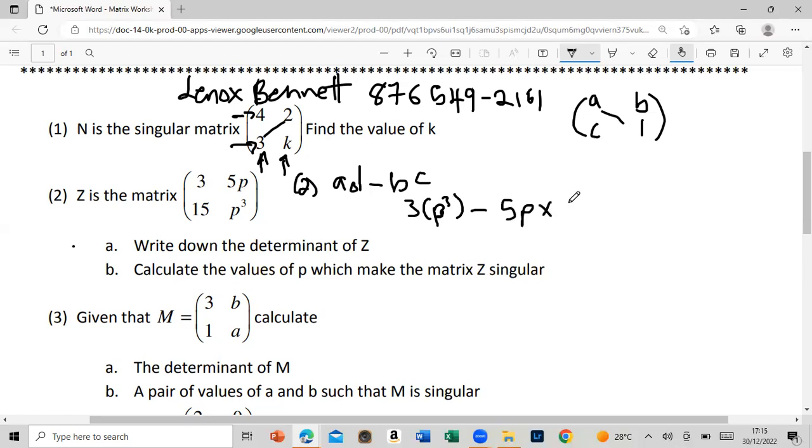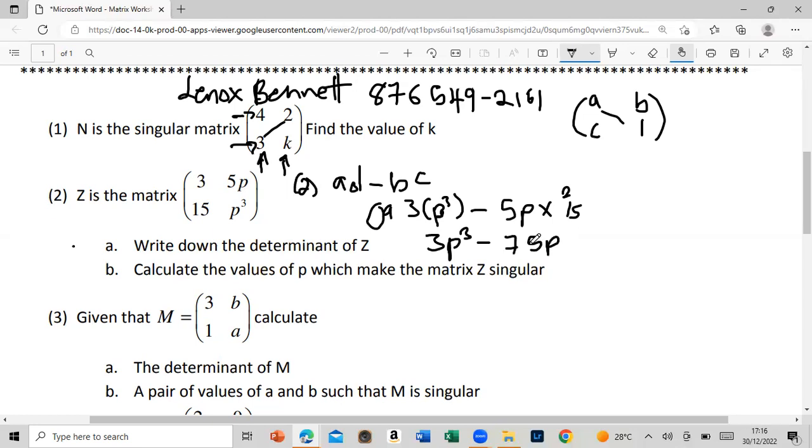This will be the first part, which is AD. So that's the determinant, right? Let's just simplify it. So it's 3P cubed minus 5 times 15. That's what? 5 fives are 25, 5 ones are 5, and that's 75P.